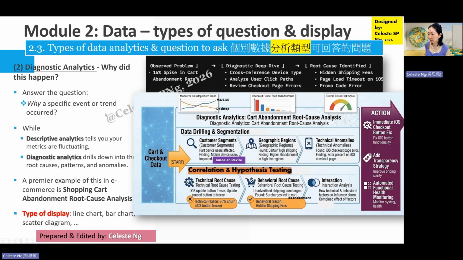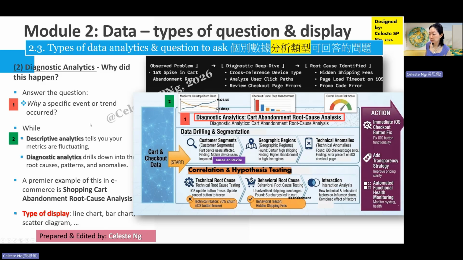In this diagram, the specific event or trend we are interested in is cart abandonment. By analyzing the problem of cart abandonment, we want to know the root cause of high cart abandonment.